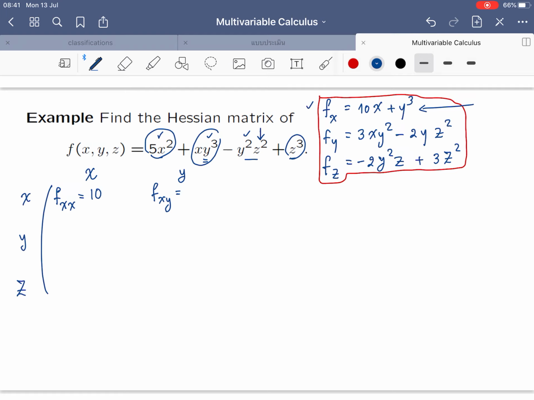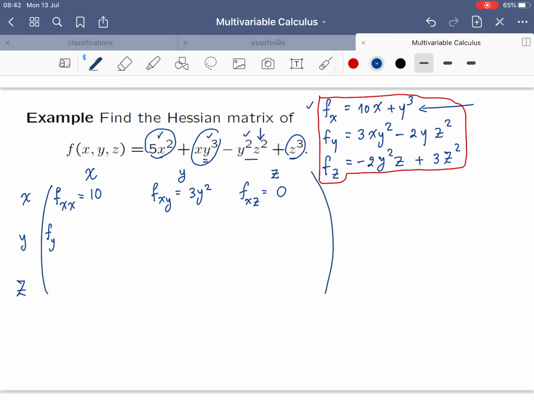So you have 3y squared, and then the last column, it is the x row, z column, and you're looking at the f sub x again, but then you find the further derivative with respect to z, but there is no z, so you get 0. So here are the first 3 elements on the first row.